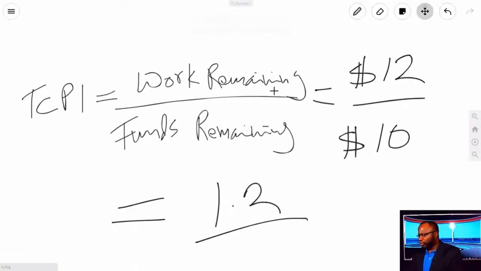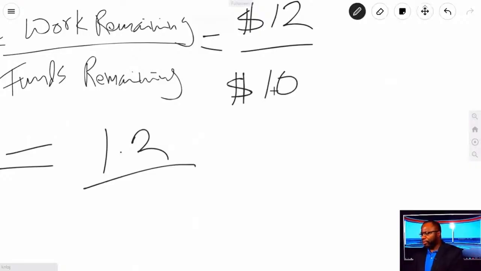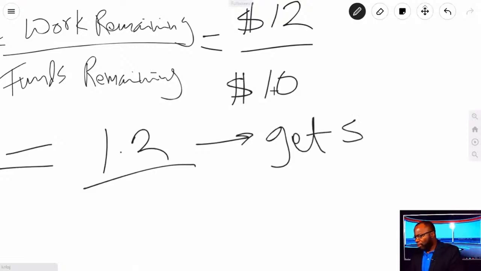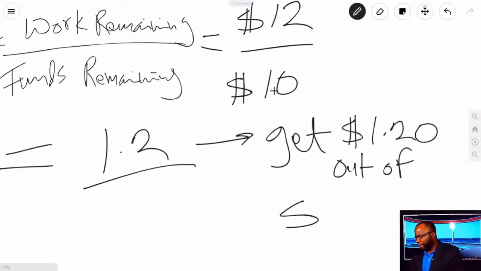This 1.2 means that in order for you to achieve management's budget objective, in other words, for you to come in on budget, you have to get $1.20 of work done out of every dollar.